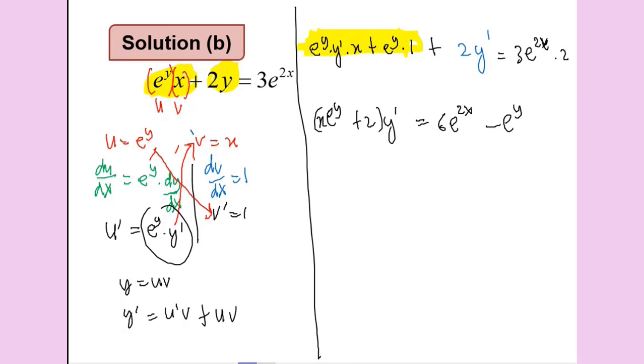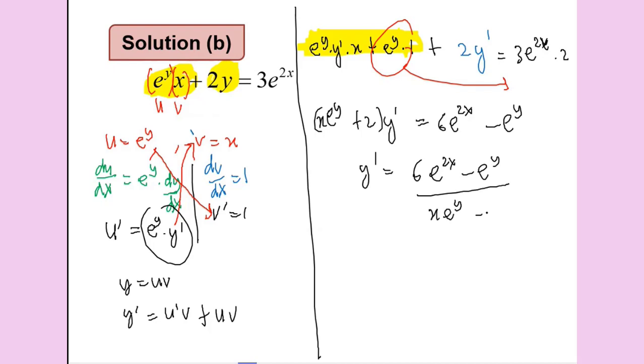Bring this one to the side. So y prime is equal to, this one can factorize, e^y over x e^y plus 2. And change to dy/dx, easy, because we are to find dy/dx. Okay, and check the answer. This is for B, right?